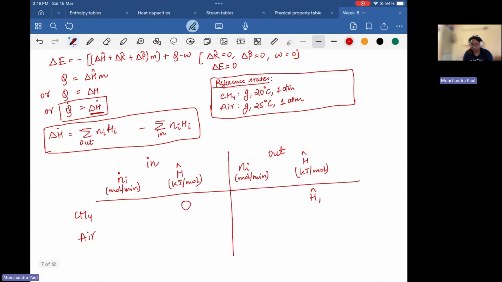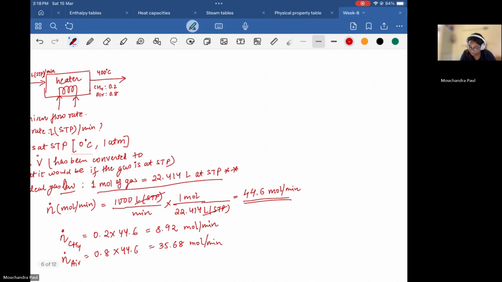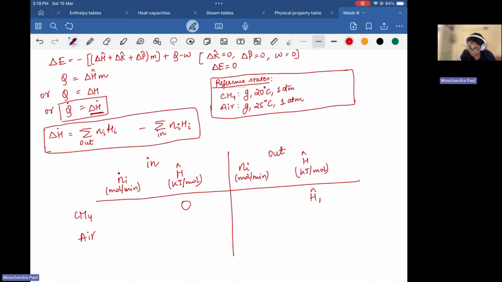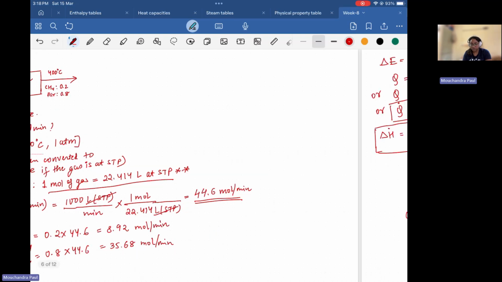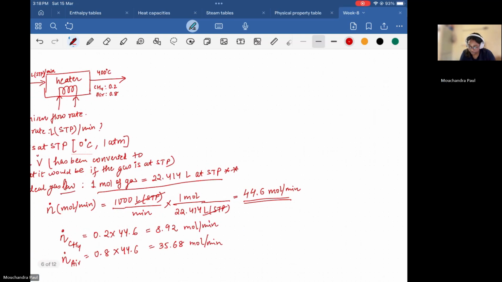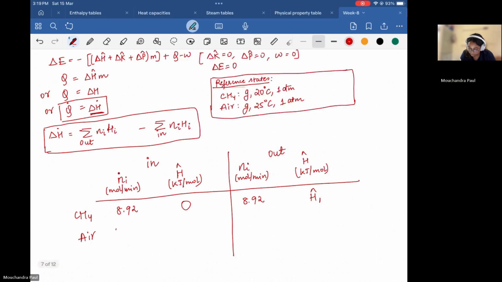So that is what we have to write here as well, for in and out, since the flow rates are the same, only the enthalpies change. For air, it is 35.68.